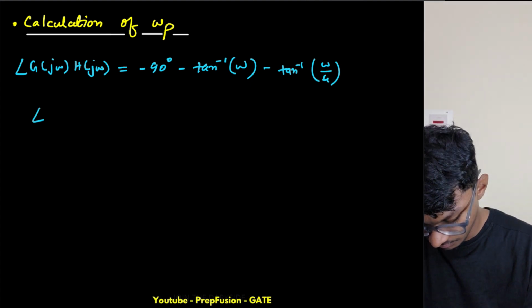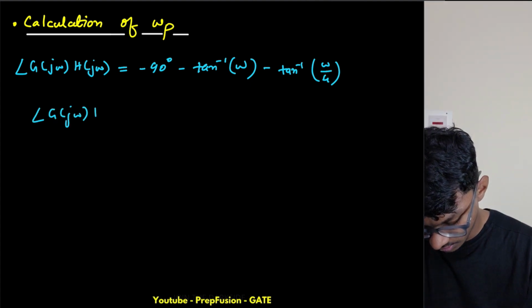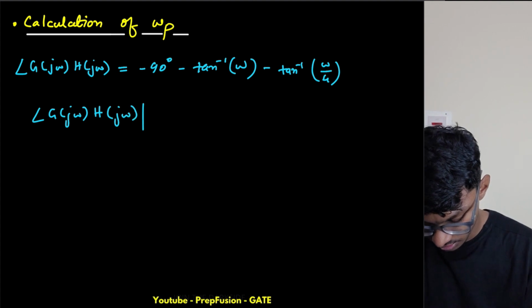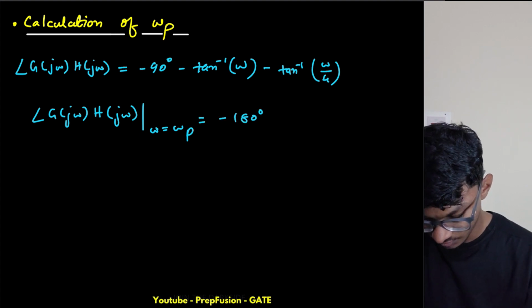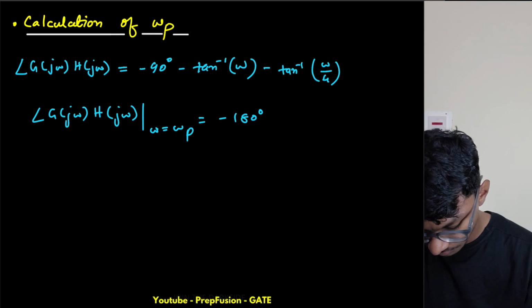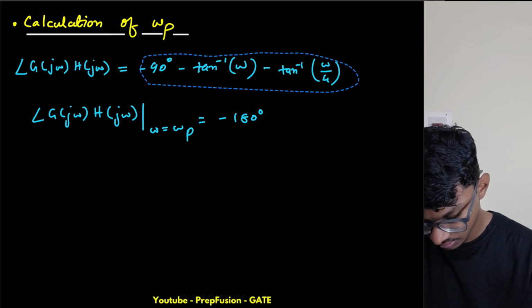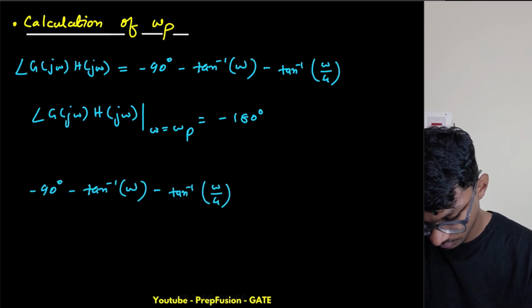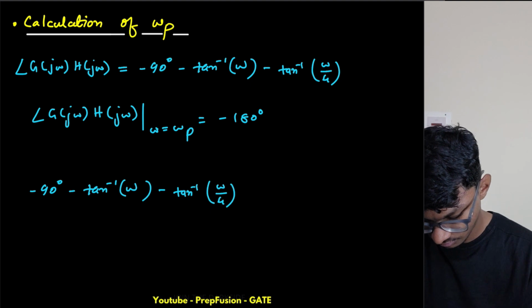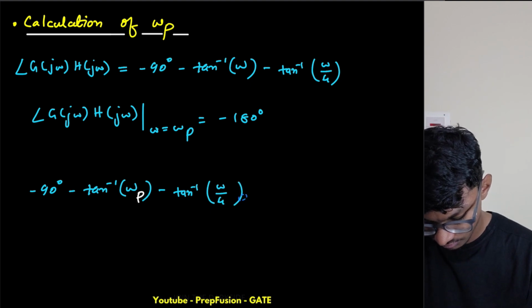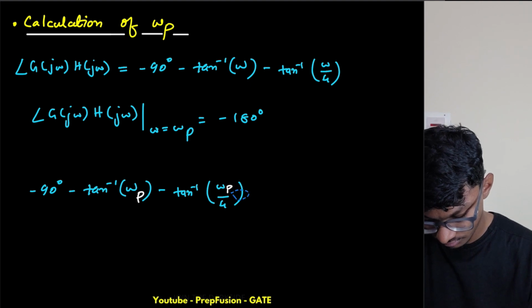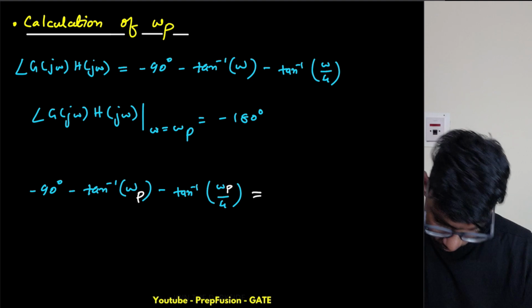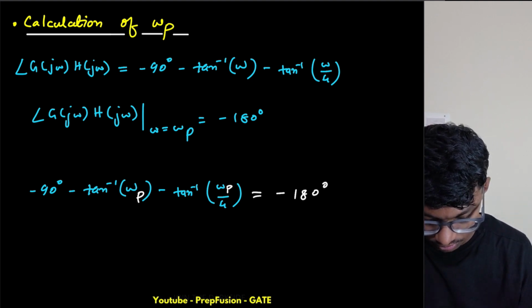For calculation of omega p, the angle of G(j omega) H(j omega) at omega equals omega p should be equal to minus 180 degrees. Let me copy this one, which is equal to minus 180 degrees itself.